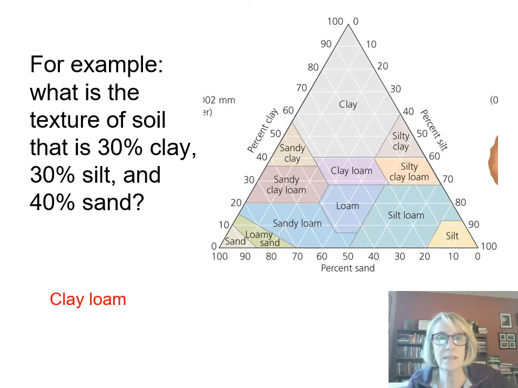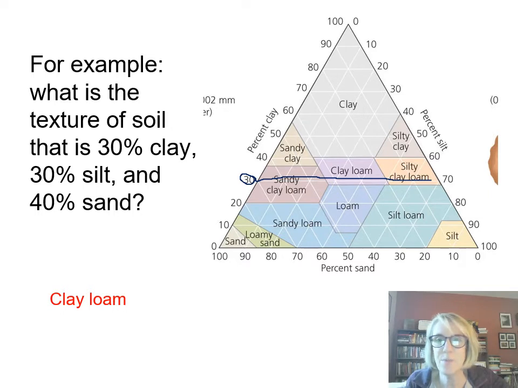What is the texture of soil that is 30% clay, 30% silt, and 40% sand? So the first thing we do is start with clay, and here's our 30%. We're going to go horizontally straight across on this line, if I can sort of draw it where the line is.